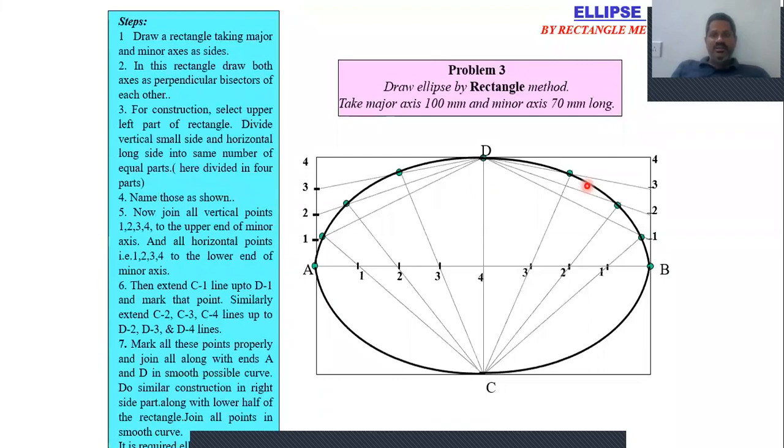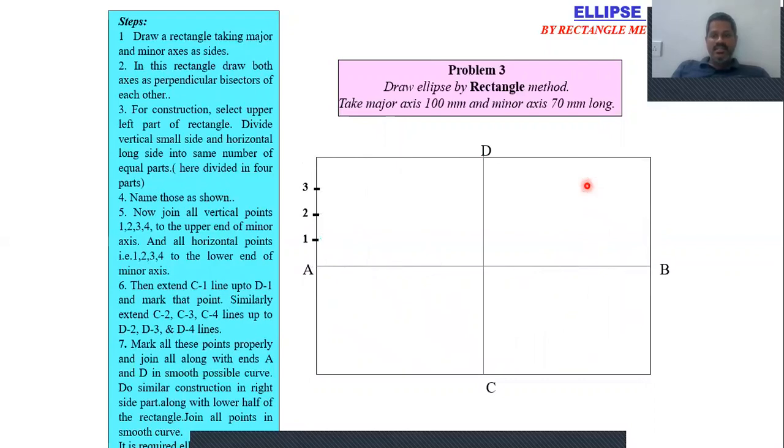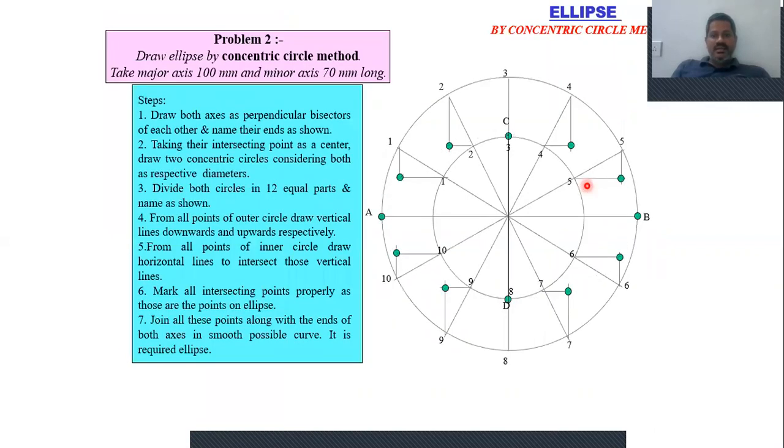The oblong and rectangle methods are the same, except that in the oblong method the parallelogram is constructed at an angle of 75 degrees, while here we have a rectangular block. This is called the rectangle method.